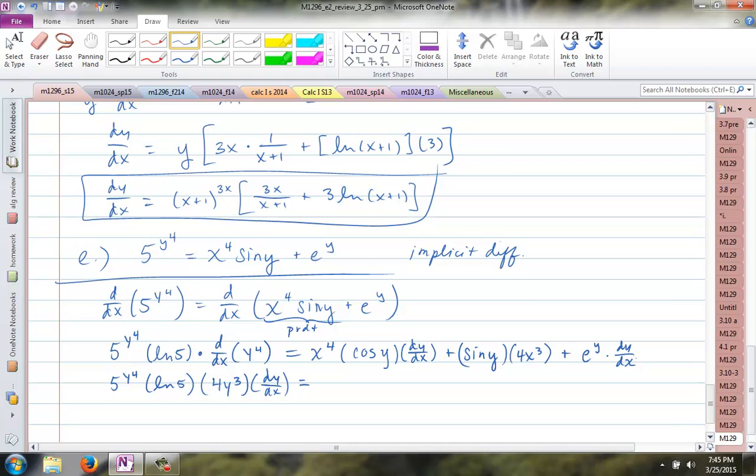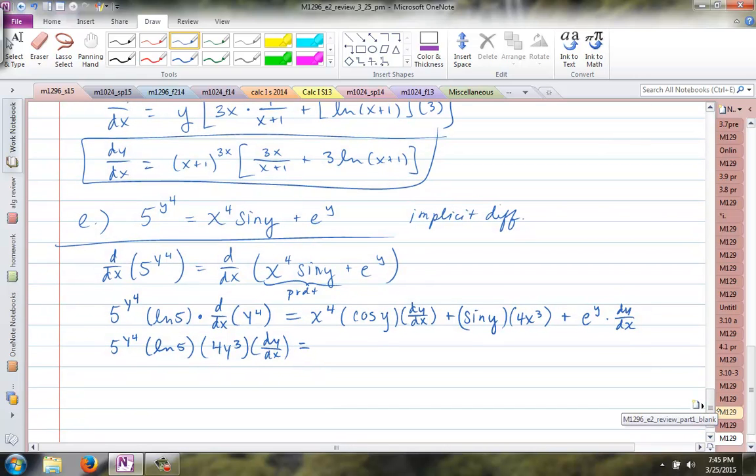Now, we have quite the handful of algebra to do. We got 3 dy over dx's, right? So it's going to take me a while to write this down. What should we do? This is the algebra step now. What are we going to do for algebra?